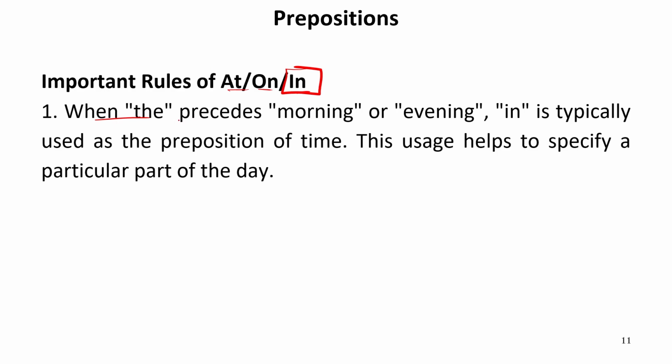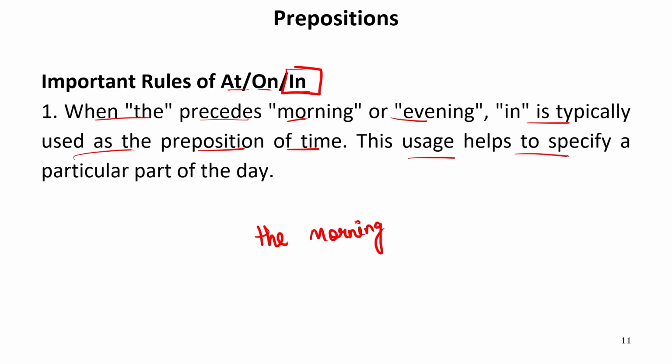When the precedes morning, evening, it means whenever we have a time duration that is morning, and if the definite article the precedes it, for example, if we have a structure like the morning, the evening, the afternoon, in is typically used as the preposition of time.